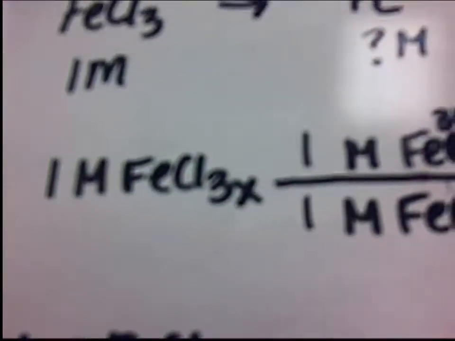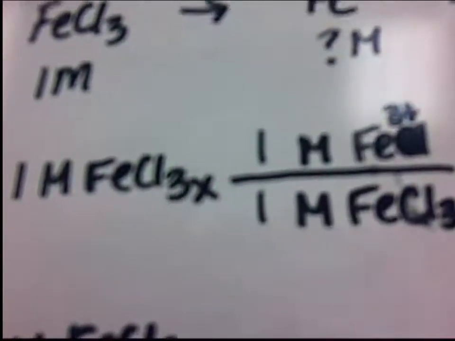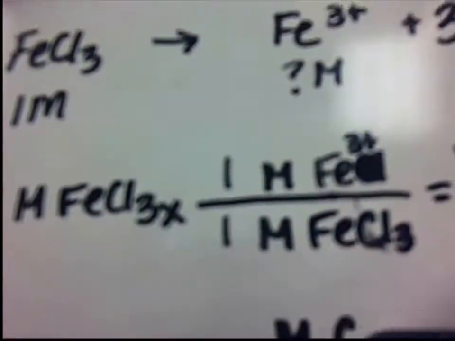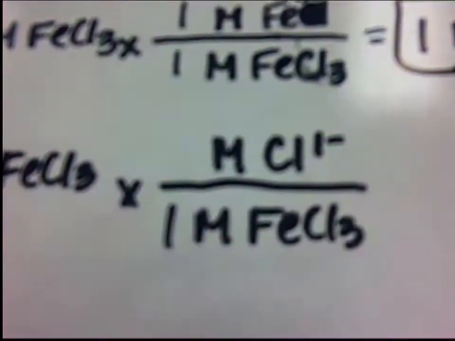Now, of course, this problem asks for us to find all the ions, so we need to do a second problem where we find the molar of chlorine ions. And so that's what we're going to do here. So I wrote down 1 molar of FeCl3, and I'm going to write a secondary ratio of putting 1 molar of FeCl3 on bottom, and I'm going to put that 1 molar of chlorine on top. And now again, I go back up to the equation.